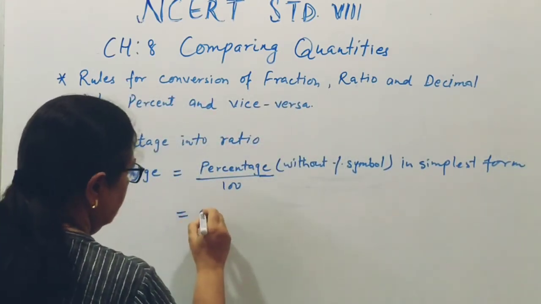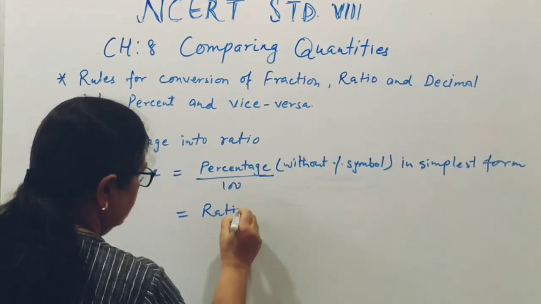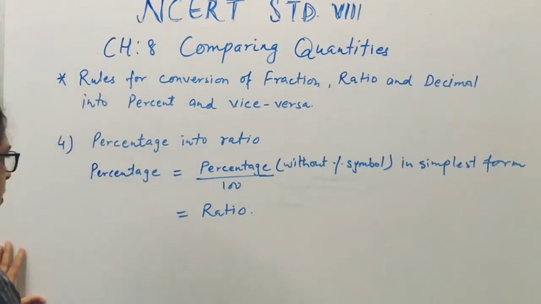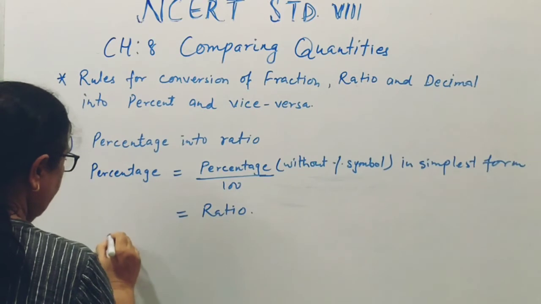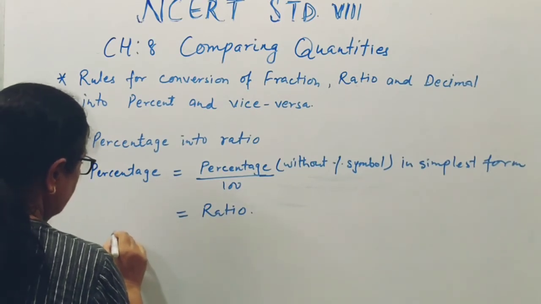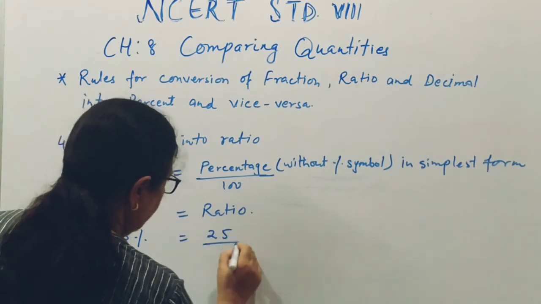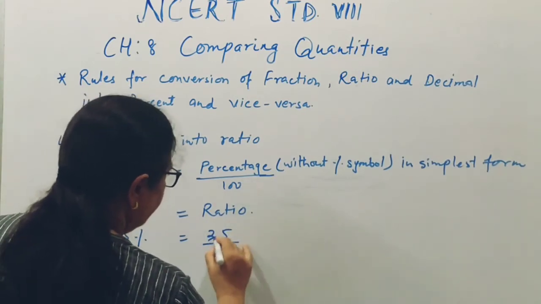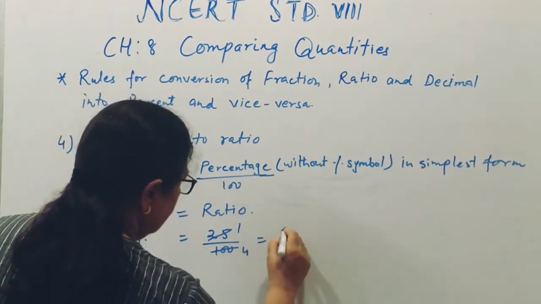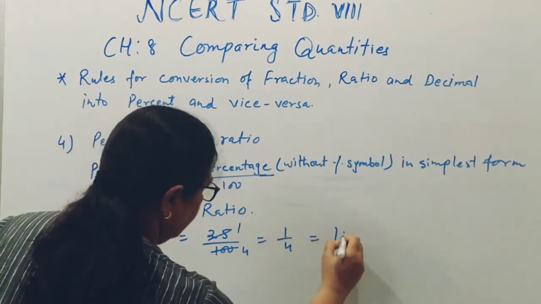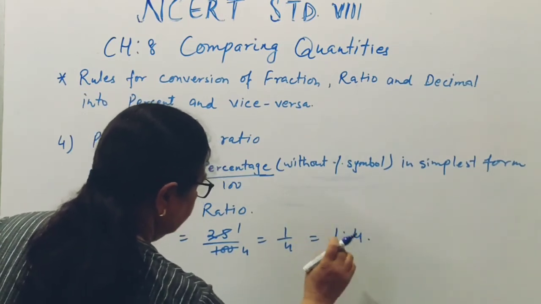Then into ratio. For example, we have 25%. So it is 25 upon 100. After cancellation we get 1 upon 4, that is 1:4.